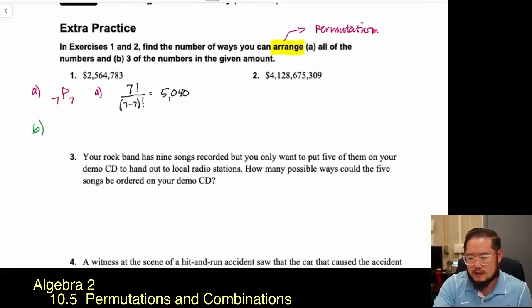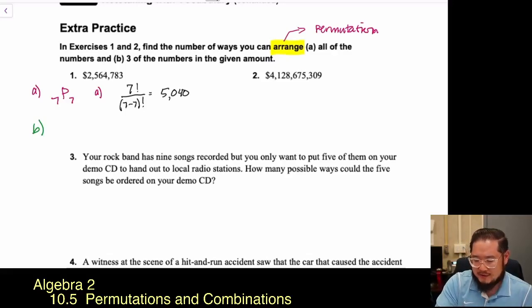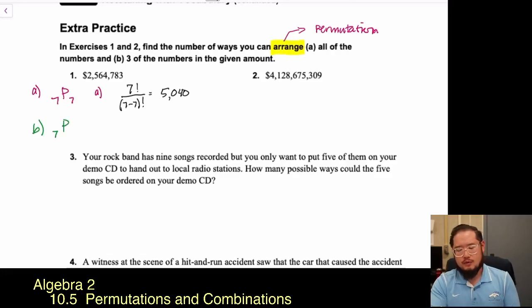In part 2, things are a little bit different because it says 3 of the numbers in the given amount. So remember, to start off with, we have n, and that's the number of objects that we have. So we still have 7 numbers. We're dealing with the same figure, that 2 million figure. Still a permutation because we're dealing with order. But this time it says we're trying to pull 3 of the numbers of the given amount.